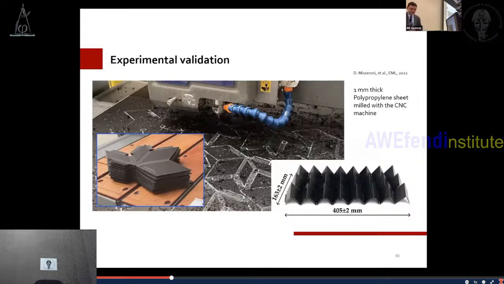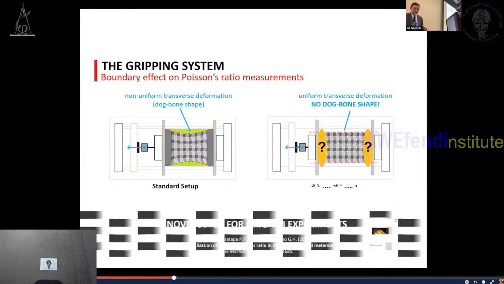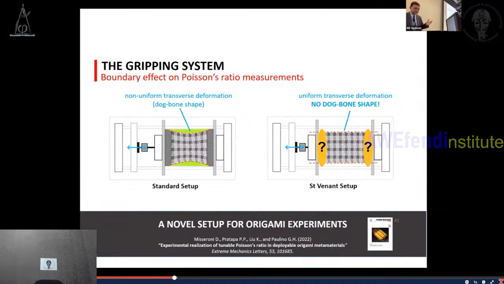We wanted to do some experimental validation for this work, and we used 1 millimeter thick polypropylene sheets that were milled with a CNC, that you see here. And a big problem in doing the experiments is illustrated here.